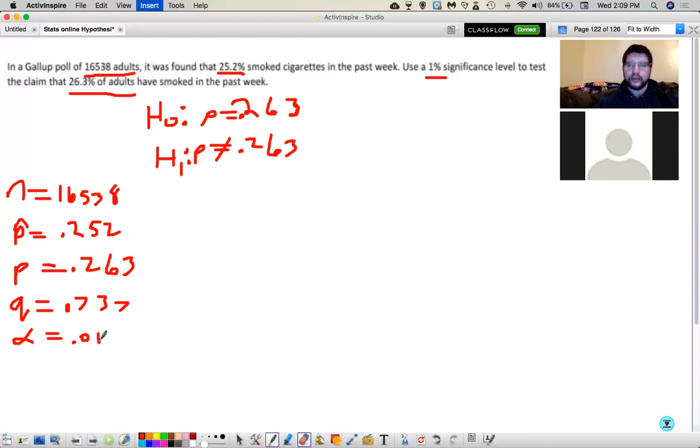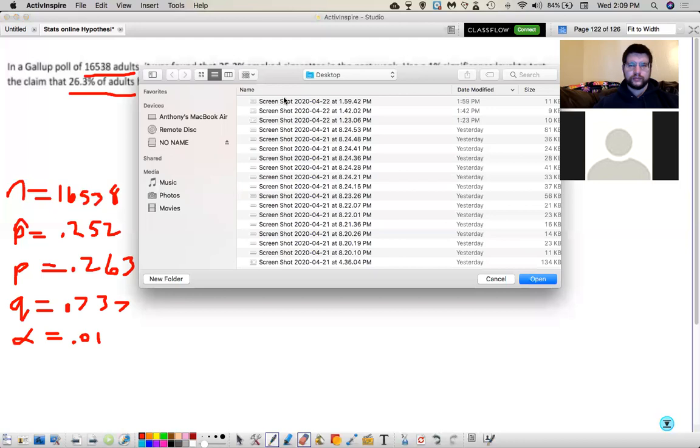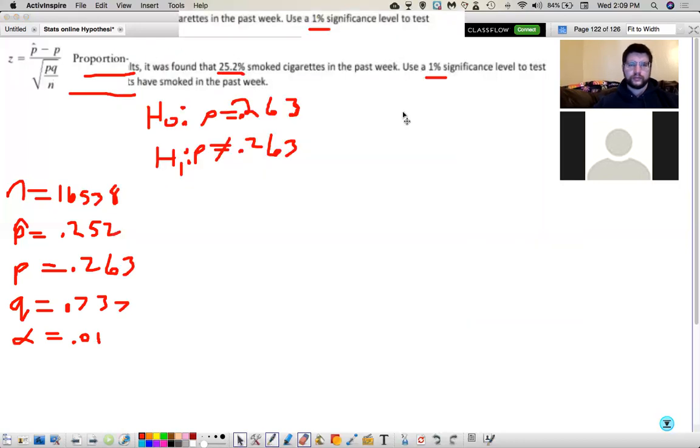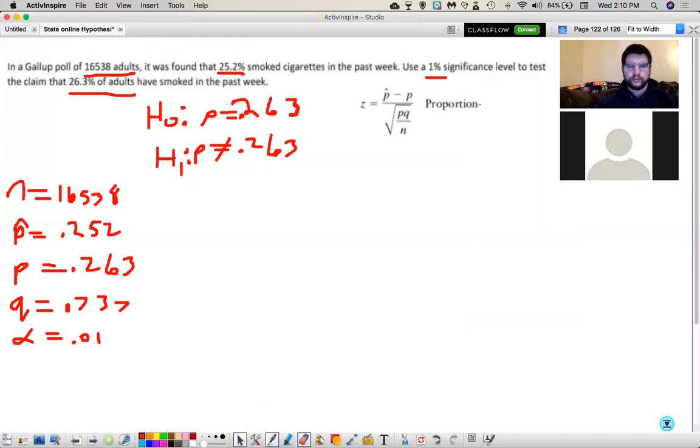And now we're going to calculate that test statistic again. So let me do it in blue.